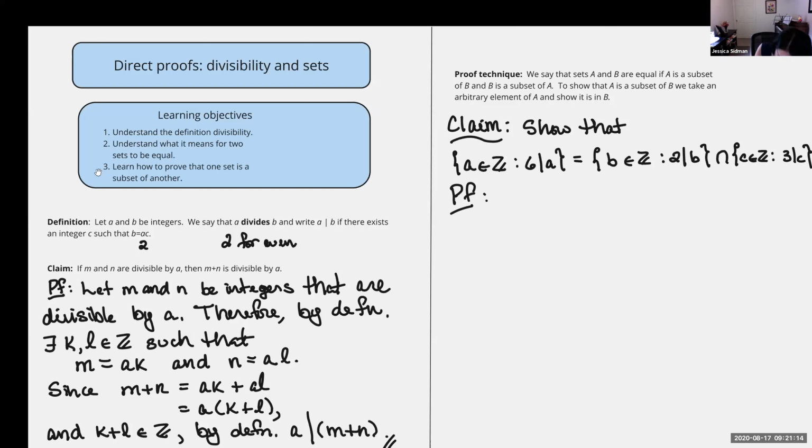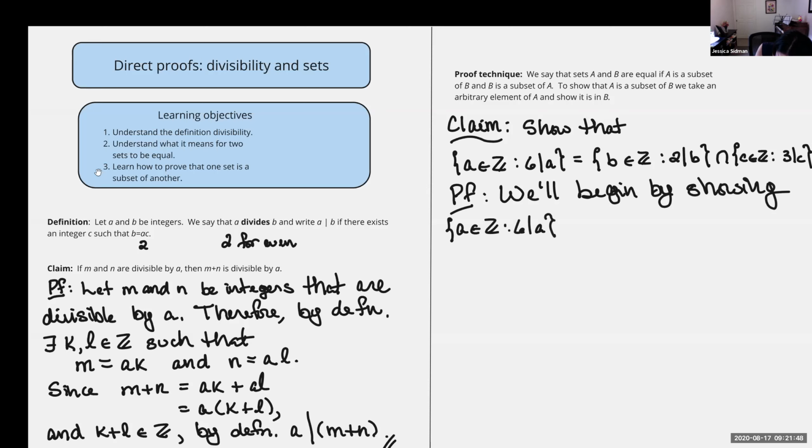So maybe I'll start with a sentence: we'll begin by showing that the set of all integers A such that 6 divides A is contained in the intersection of those two other sets.